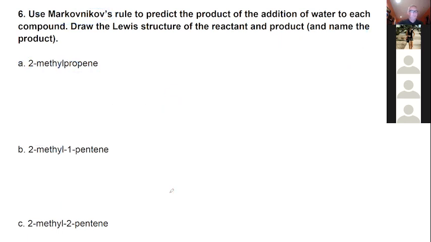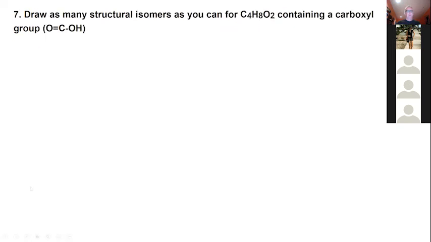All right, let's look at now carboxyl group. A carboxyl group is this. That's a carboxyl. I tried to draw it. I don't know if I did a very good job.